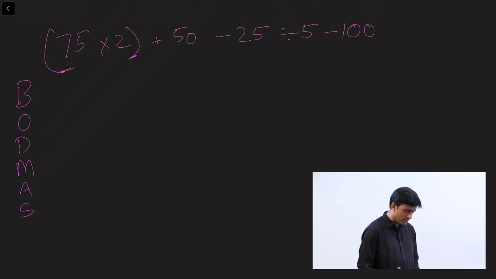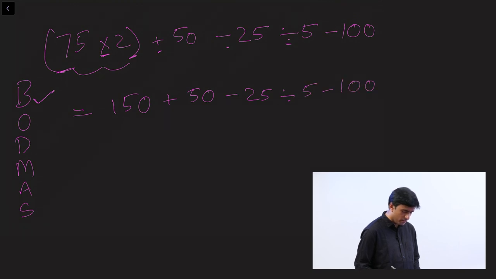You have brackets, you have multiplication, you have addition, you have division, and you have subtraction. So remember, according to BODMAS, the first thing that comes is brackets. So let's solve the brackets. 75 into 2, that is 150, plus 50 minus 25 divided by 5 minus 100.